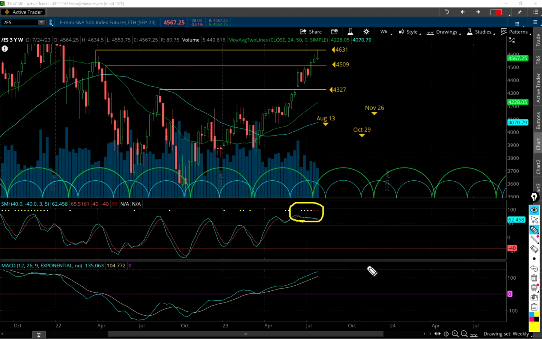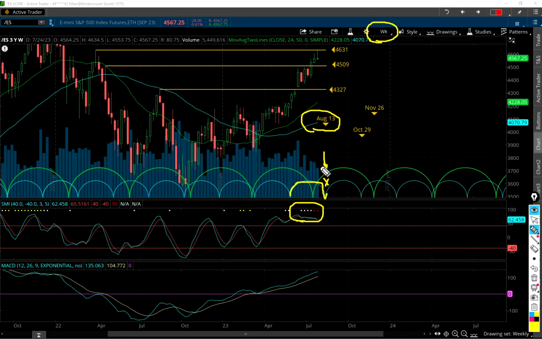All right, so in any case, on the weekly chart here, this looks very toppy at the moment. Like I said, we'll see what happens next week, but this is looking toppy. Now here's the August 13th cycle low on the weekly chart. That's this little blue cycle right here. X marks the spot.